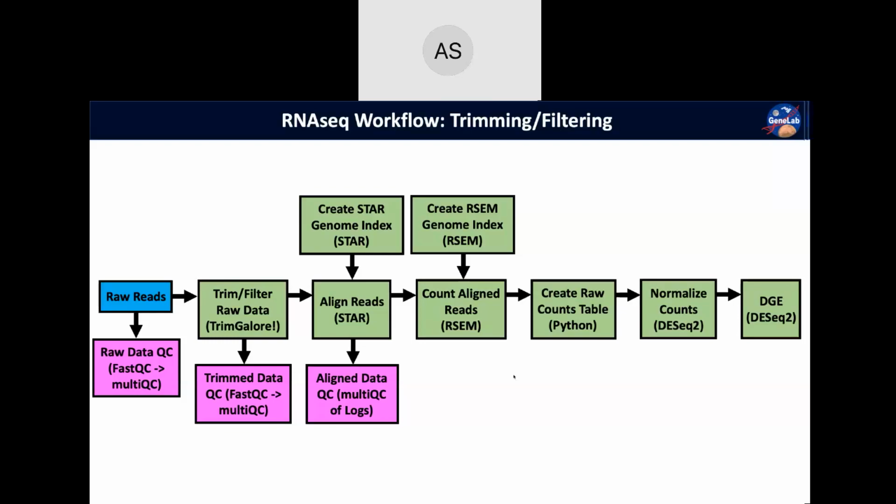Yeah, so right now we have a whole bunch of short sequences, right? We have no idea where they came from. We don't know which gene or transcript they came from. And so our goal in doing RNA-seq analysis is to figure out where those things came from. In order to figure out where they came from, we have to map them back to a reference genome, being the genome build from the organism in which the samples were derived.